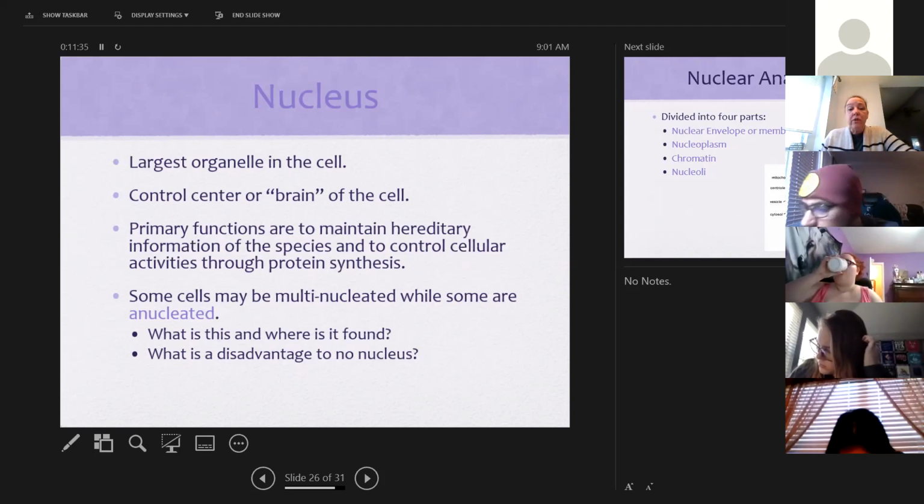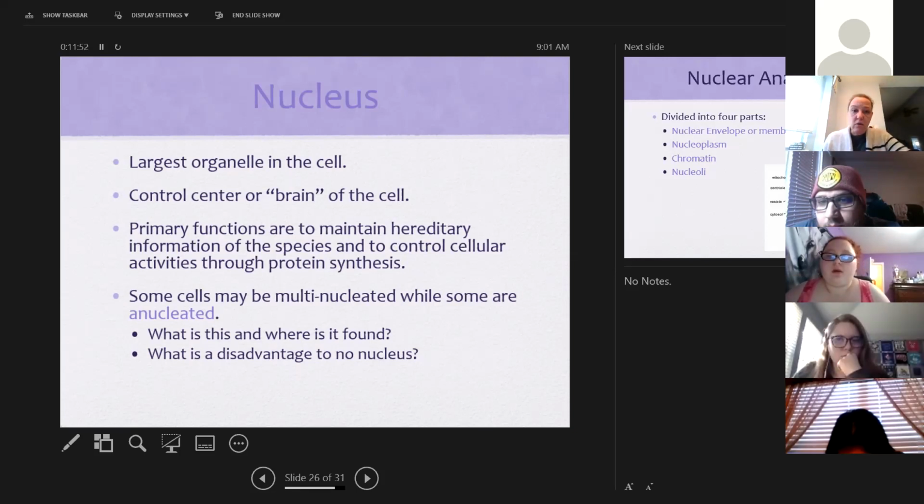Not all cells have a nucleus. You don't have to have one. Somebody remind me of the cell we talked about yesterday that does not have a nucleus. Eukaryote? Well, a prokaryote would not have a nucleus because pro before nucleus.